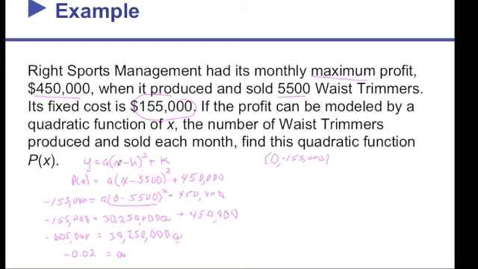So my equation becomes P of x equals negative 0.02 times (x minus 5,500) squared plus the 450,000. And that can become my profit equation.